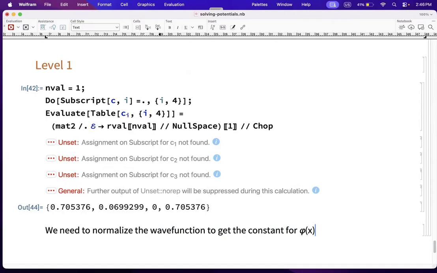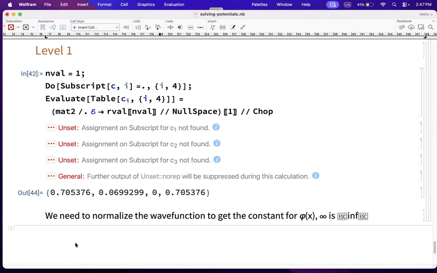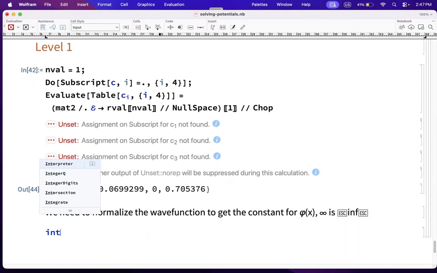Just in case of the infinite square well state. Okay, so we're going to put this normalization constant.